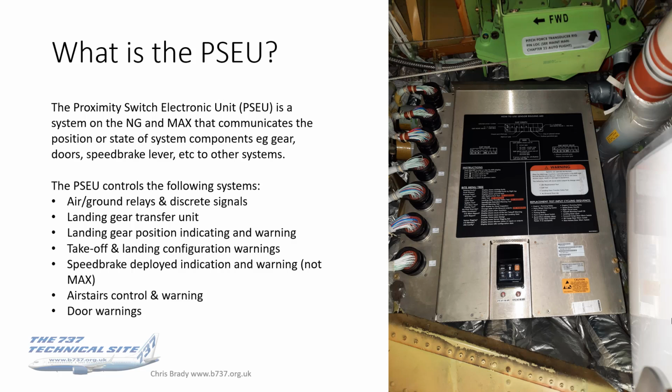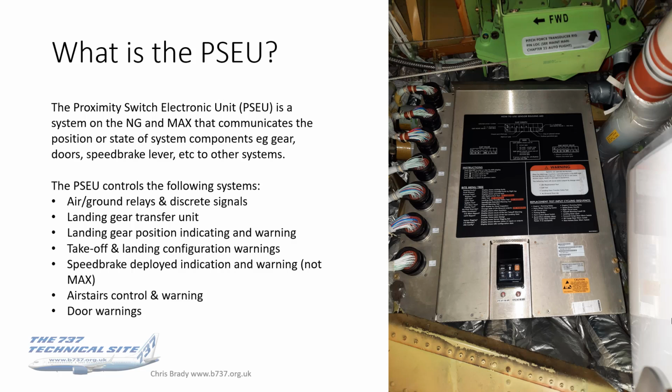Okay, so to kick off, what is the PSEU? Full name, the Proximity Switch Electronic Unit. It's a system on the NG and the MAX that communicates the position or state of system components, such as the gear, the doors, speed brake lever, etc., onto other systems.